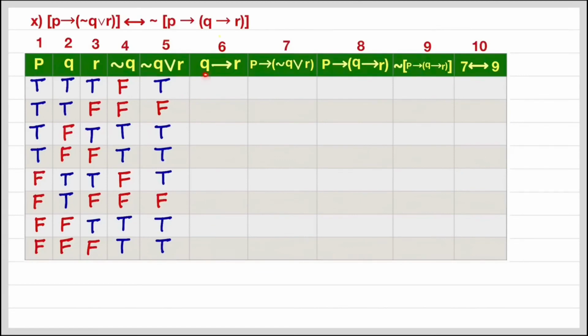Next is implication. Q implies R. We know the implication rule. When the first statement is true and the second statement false, implication is false. Otherwise it is true. At the 2nd place and 6th place, implication is false. And all other entries are true.